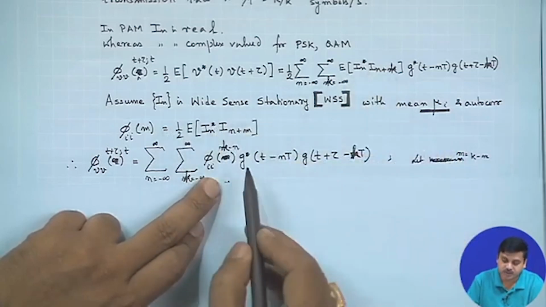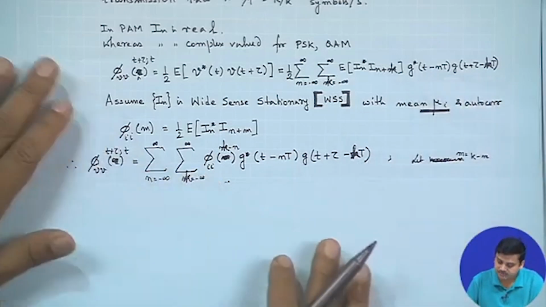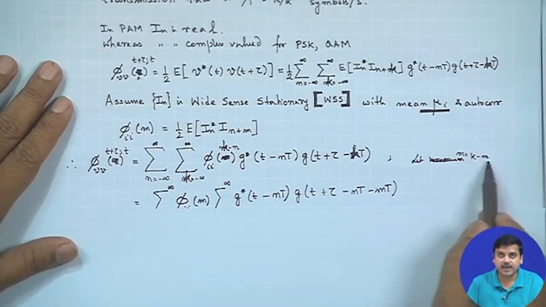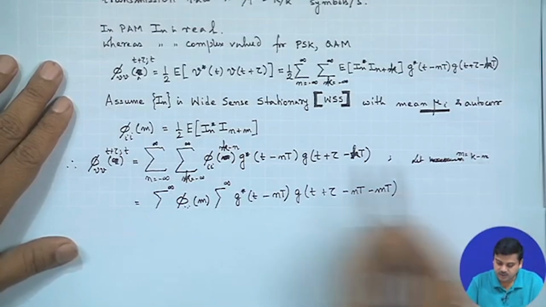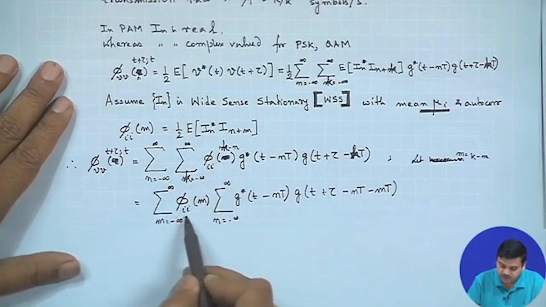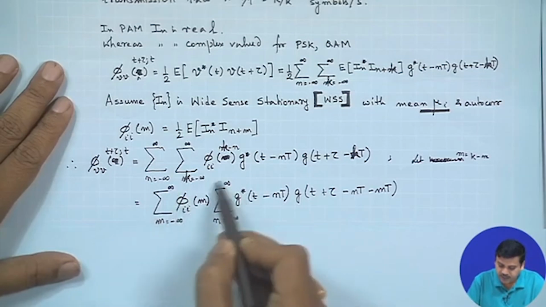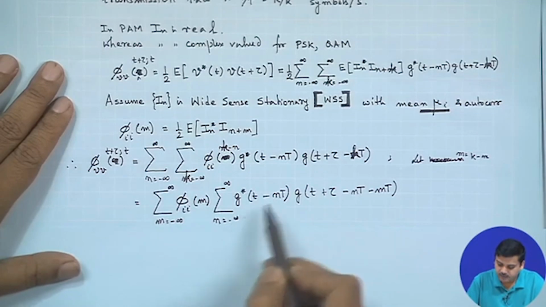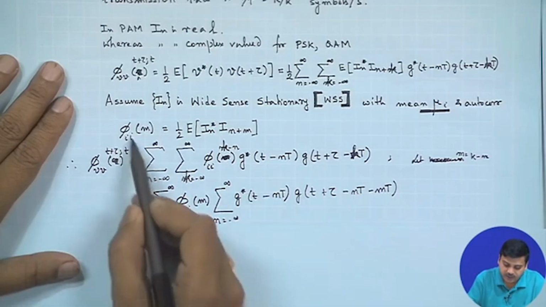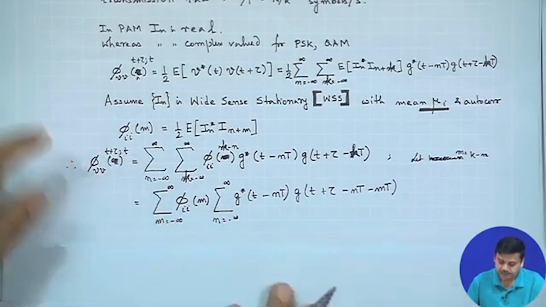If you would work out these relationships, you are going to get this expression here, these two terms remain as it is, and then you could replace, let m is equal to k minus n, which is the difference between these two indices, and you could write the expression as phi I I of m, with the sum from n equals minus infinity to infinity, and this is the index of n, and that is how you are going to get the expression. So, this would be a typical expansion of phi v v of t plus tau and t.